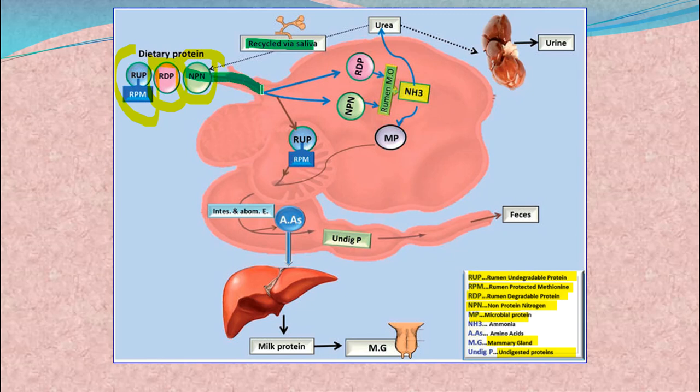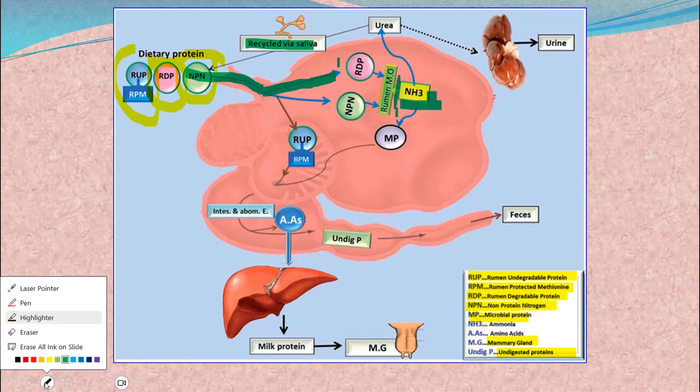The rumen degradable proteins go to the place where they get degraded by the ruminal microflora. Then amino acids and ammonia are formed.